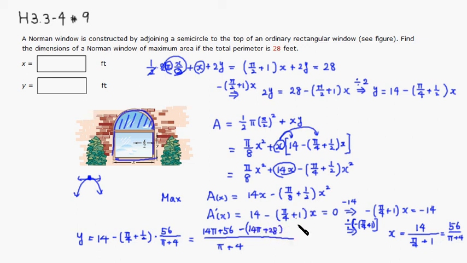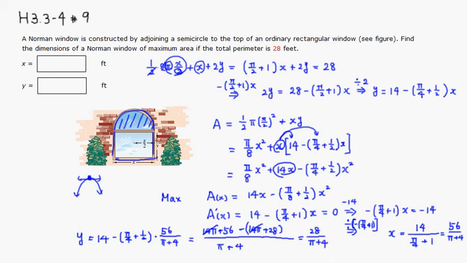So what you get is the 14 pi cancels out, 56 minus 28 is 28, over pi plus 4.